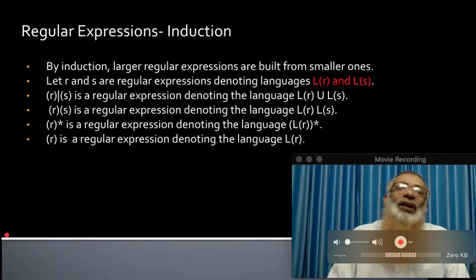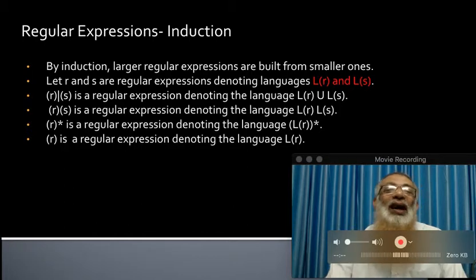Now, these are all the rules which can be applied to form larger regular expressions from smaller ones. Especially when we want to express the statements and complex expressions in a programming language, we will have to combine many expressions.